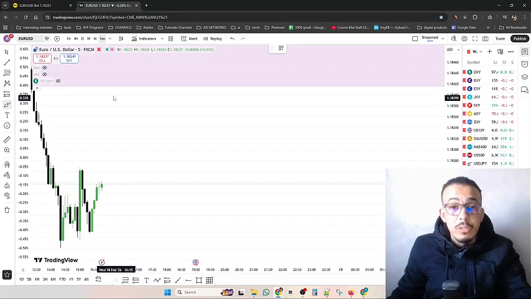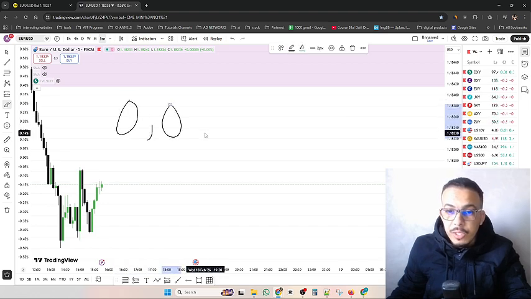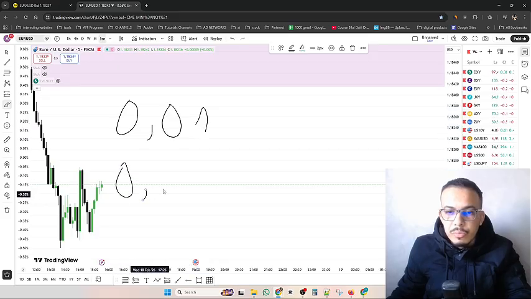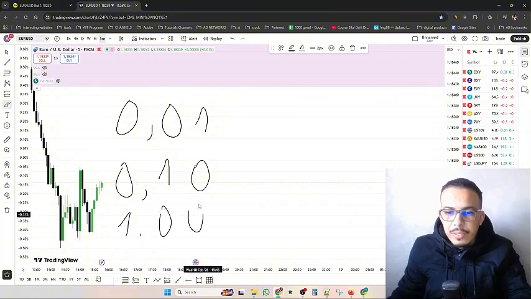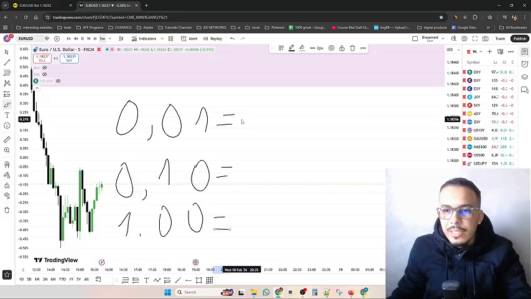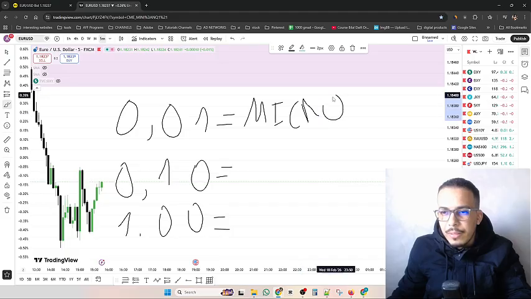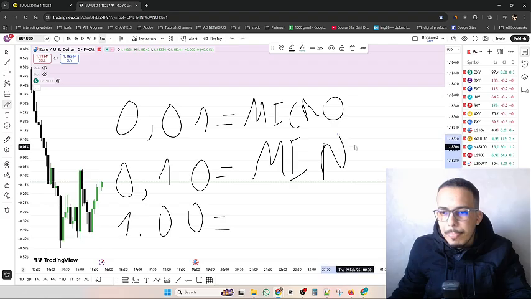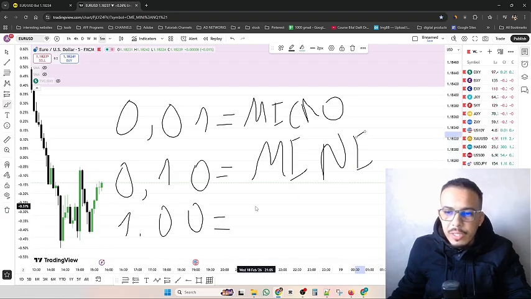Now we have the lot size. The lot size is the size of your trade. So we have 0.01, we have 0.10, and we have 1. All of them have names. This one is a micro lot, micro. This one is a mini, and this one is a standard lot, okay?